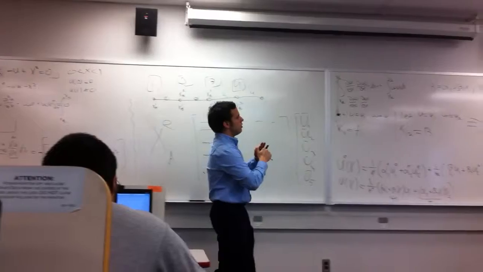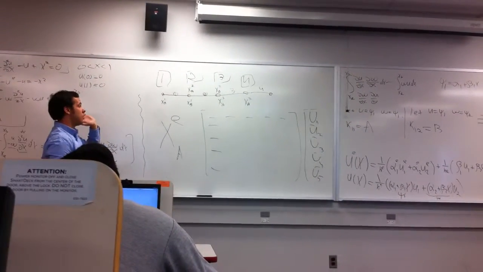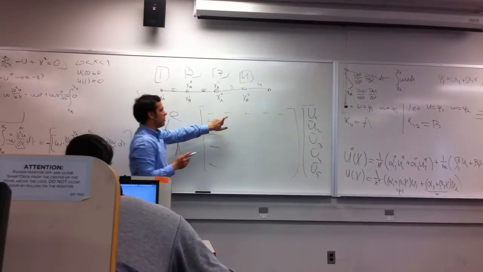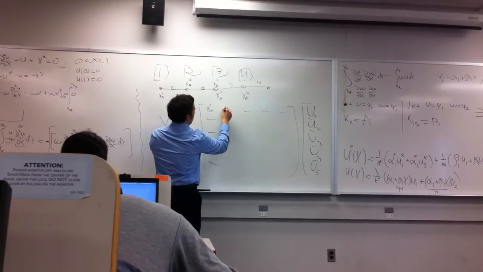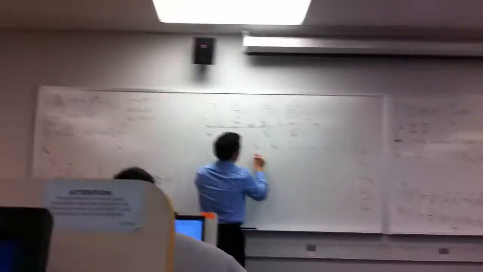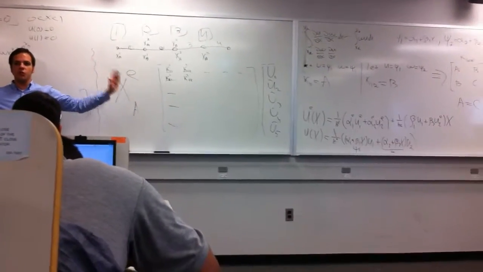So if you look at your local K matrix for element 1, you can park this matrix right there. So K111, K112, K121. Is everybody good with this step? Do you guys know what just happened?